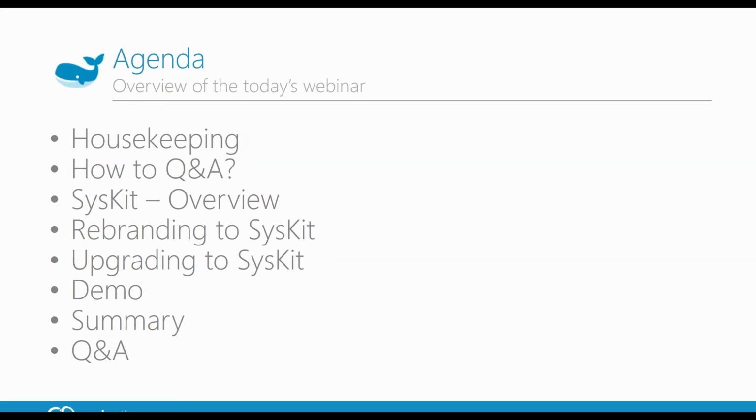Later on we're going to do a short SysKit overview to let you know what is actually new in our SysKit tool. Then we're going to share with you how we came up with the idea to do a rebranding to SysKit, and then we're going to do a demo where Fran is going to show us how to do the upgrade from your current tool to the new SysKit tool. As I mentioned, we then have a summary and Q&A.